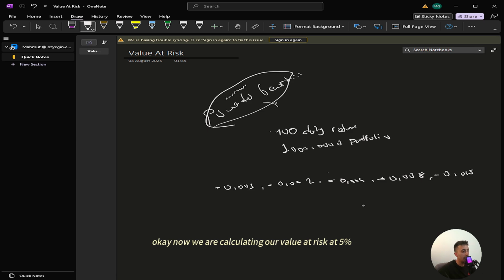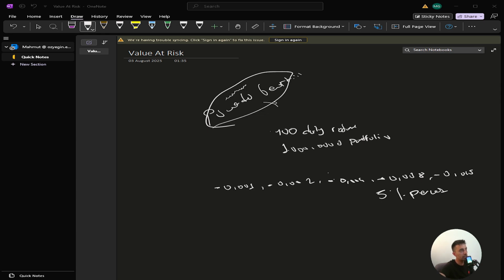Okay, now we are calculating our value at risk at 5% significance using the historical method, guys. All right, we are using 5% significance and trying to find our value at risk here.